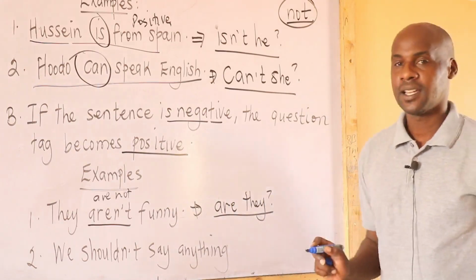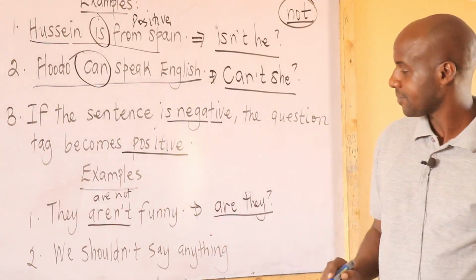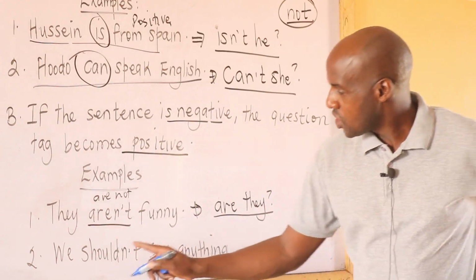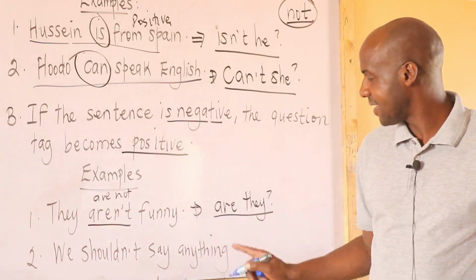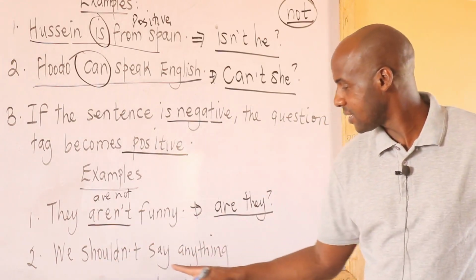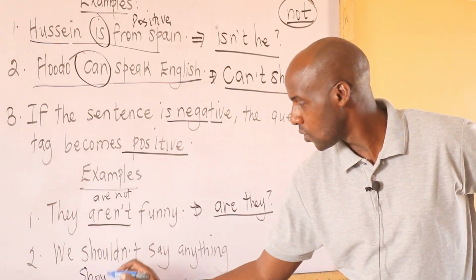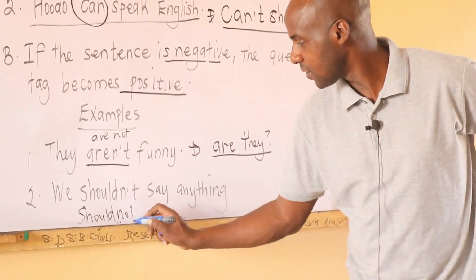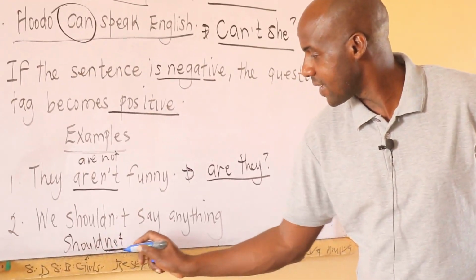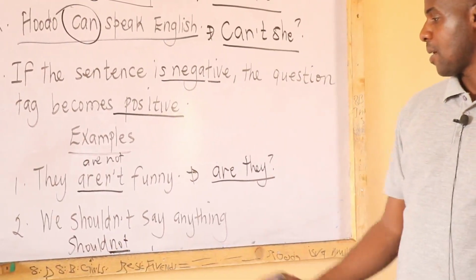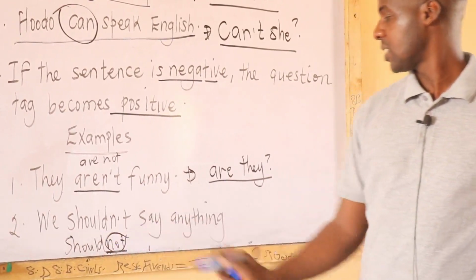Another example: we shouldn't say anything. This means should not. Okay? So it is a negative sentence because of the word not.